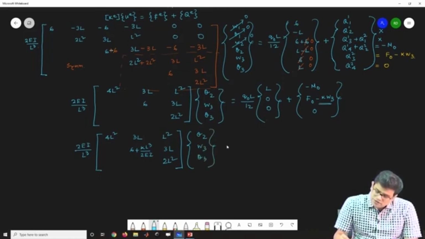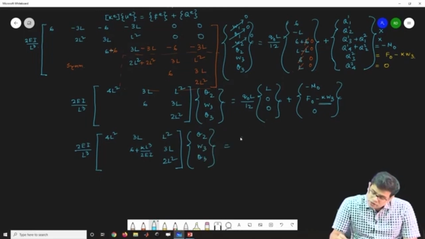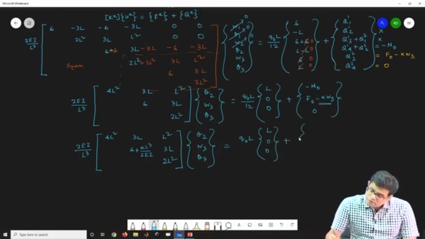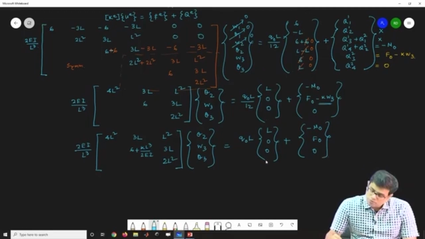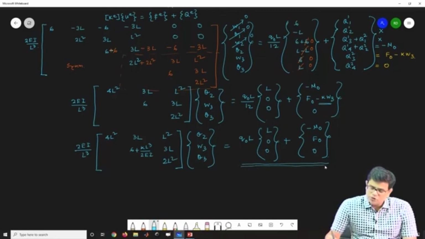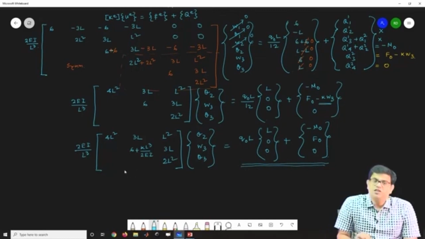So now if I write this, completely we know the right hand side, that is L 0 0, and then you will have minus M0, F0 and 0. So now you can solve this equation because you know this right hand side completely, and these stiffness matrix you know.